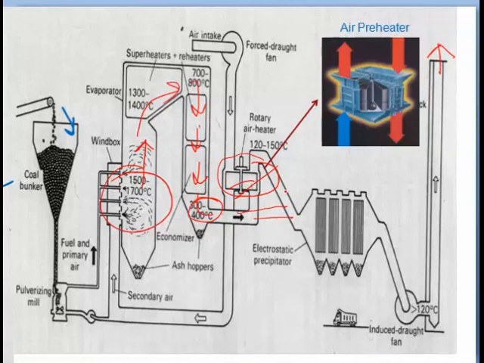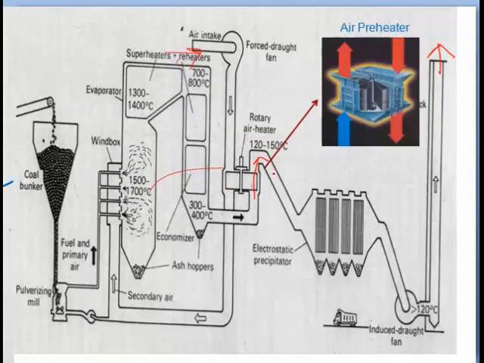So ultimately, we can trap this heat of the flue gas in the air preheater and heat the air, and the temperature of the exhaust gas gets reduced to somewhere between 120 degrees centigrade and 150 degrees centigrade.